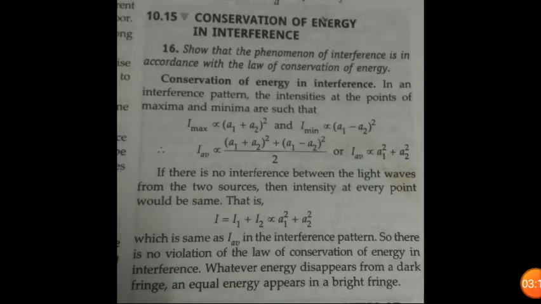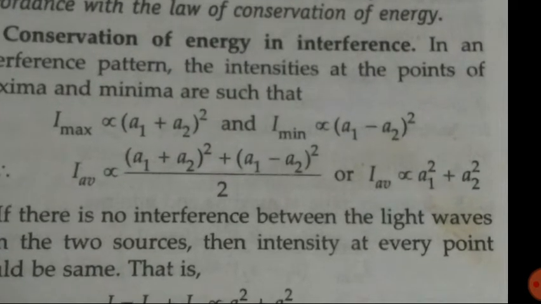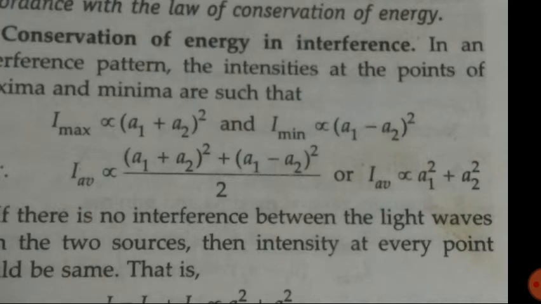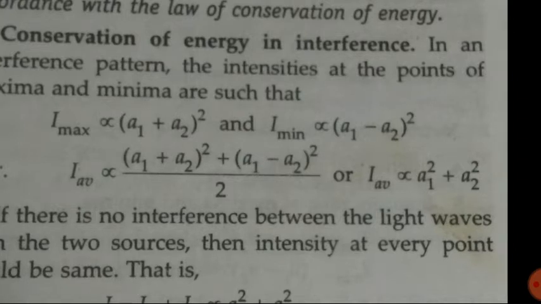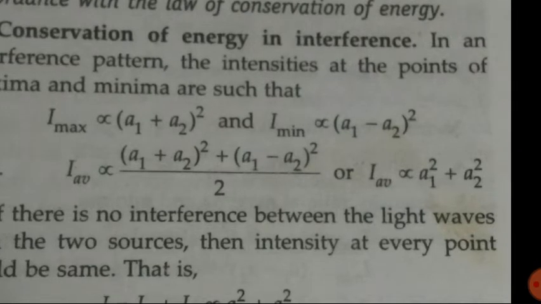Now let's discuss conservation of energy in interference. In an interference pattern, the intensities at the points of maxima and minima are such that I max is directly proportional to A1 plus A2 whole square, and I minimum is directly proportional to A1 minus A2 whole square, okay. The formula for average is the sum of observations upon the number of observations.